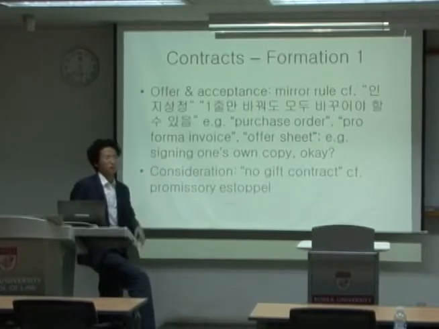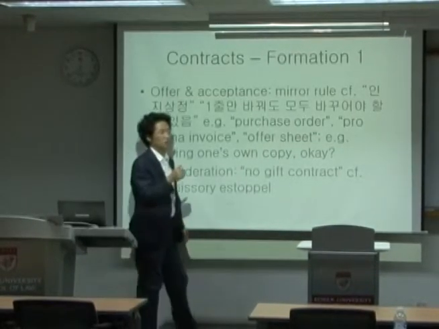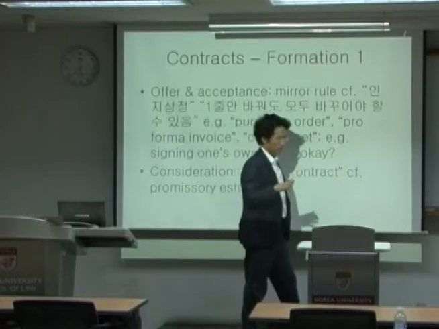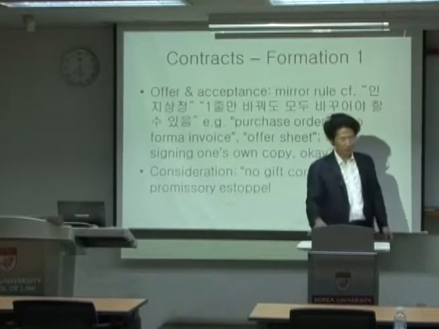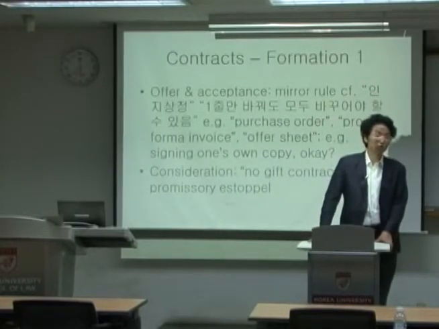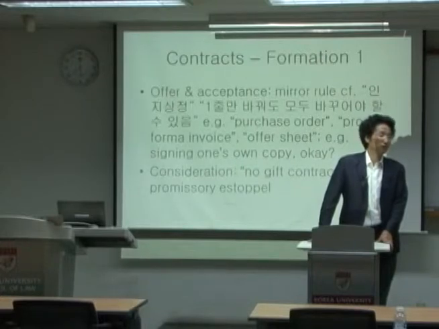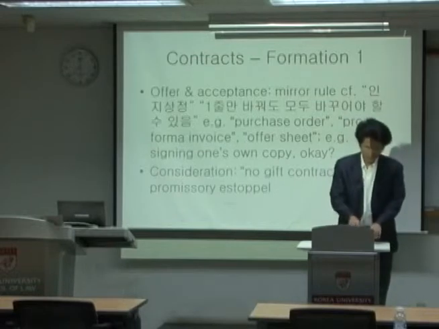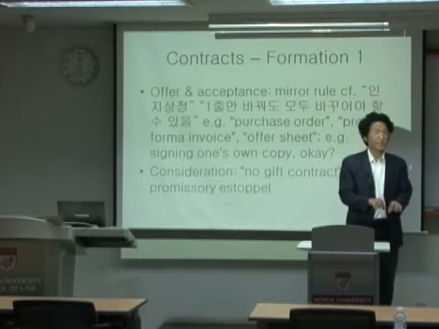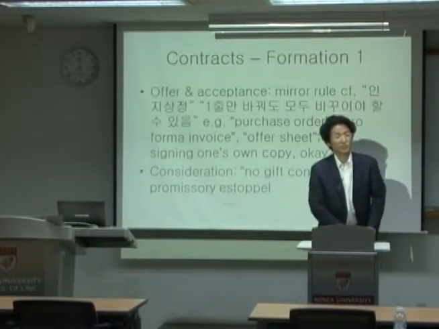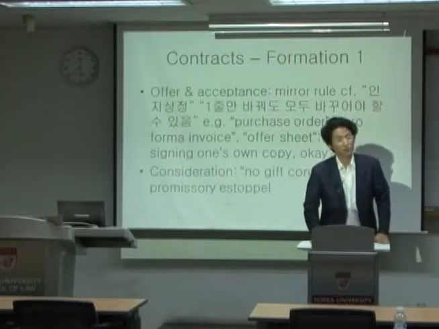But then a lot of times when you work with a contract, as a lawyer, you usually have to follow the mirror rule, because almost all your contracts will have the signature lines on one document.